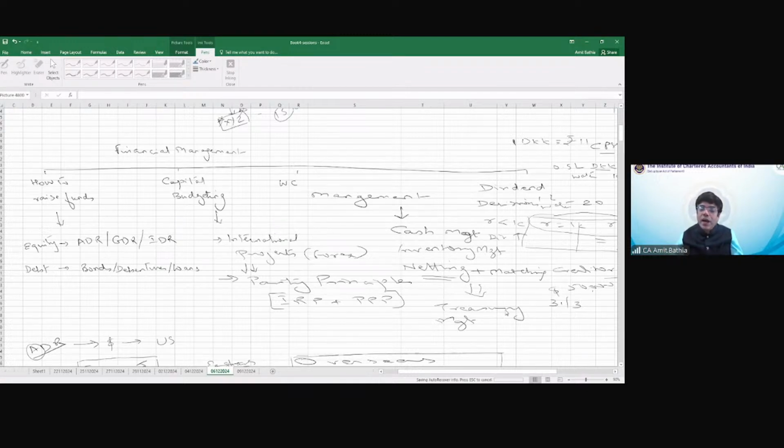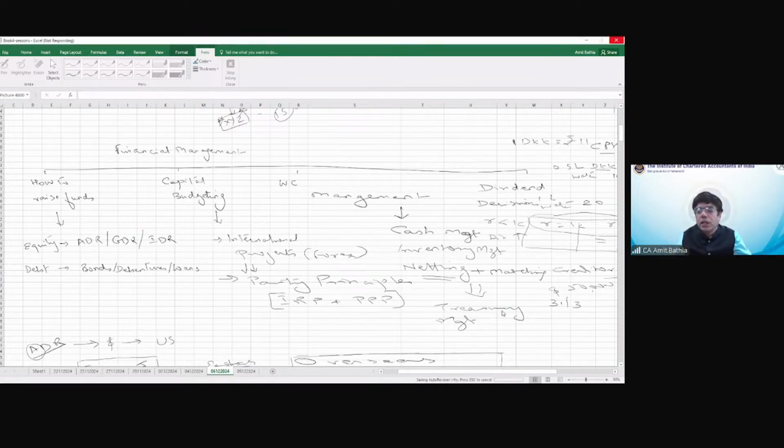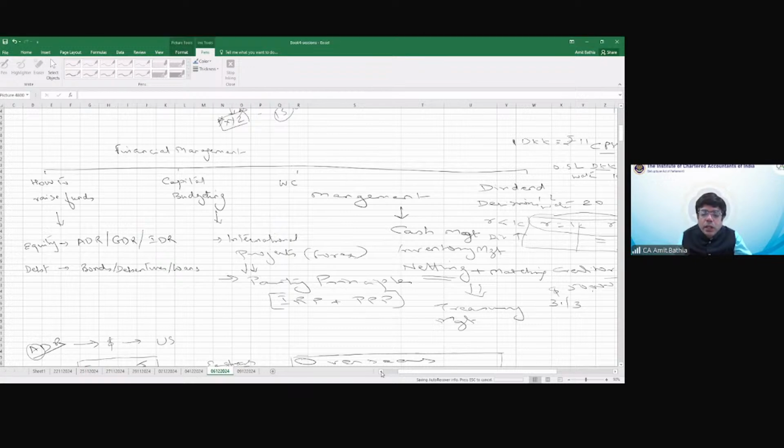On the other hand, if R is less than K, then it makes more sense to distribute the money so that you tell the shareholders, "आप लोग invest करो, you invest on your own because you will be able to generate better returns compared to what the business is able to generate for you." So that might be the main aspect. However, one aspect which remains in dividend decisions is the key stakeholder, right?